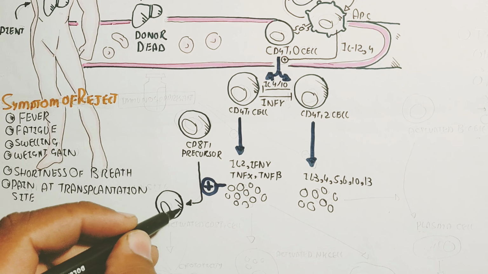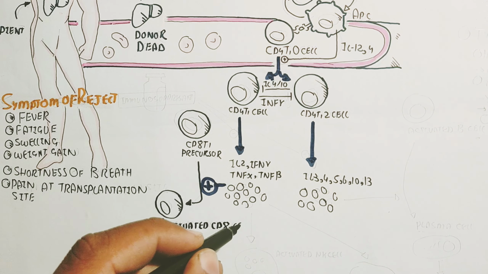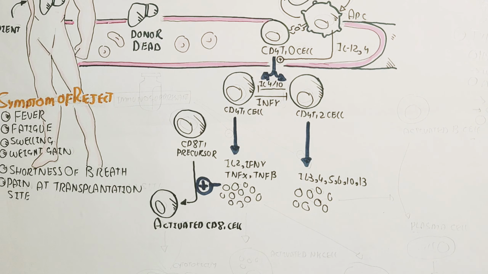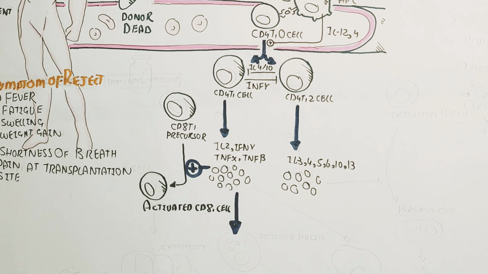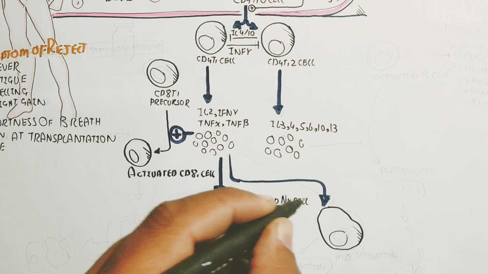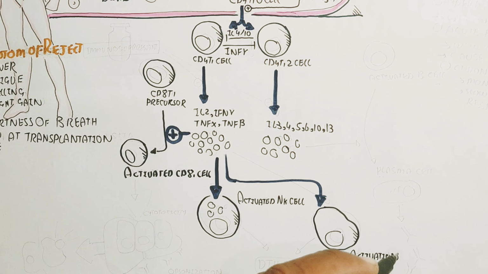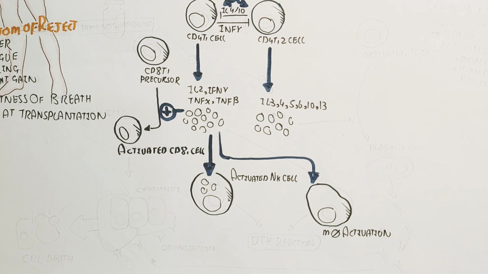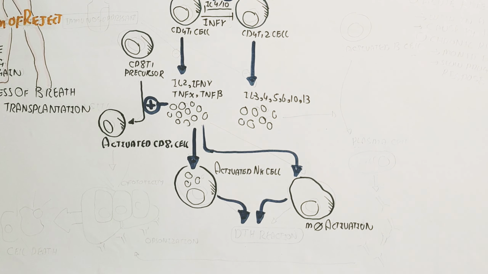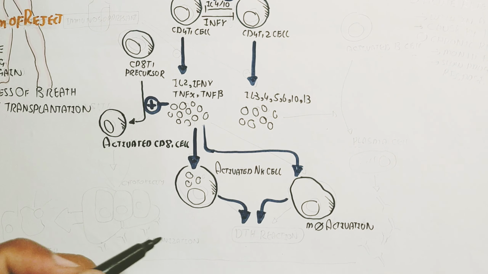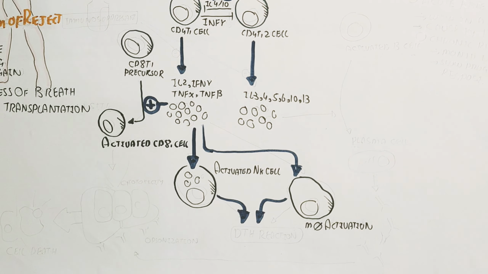The CD4 Th1 cell produces inflammatory mediators to recruit the CD8 T cell precursor, which is the cytotoxic T cell that kills the donor's tissue. The activated CD8 T cell leads to increased cytotoxicity and destruction of the donor's transplanted allografted tissue.